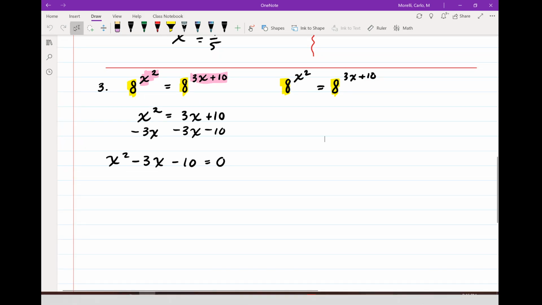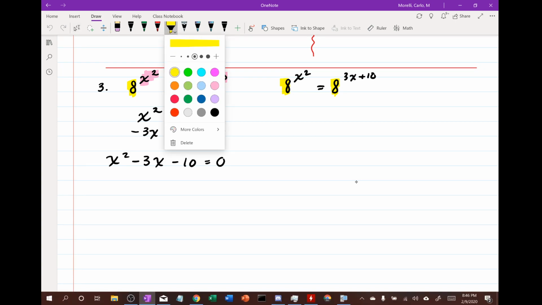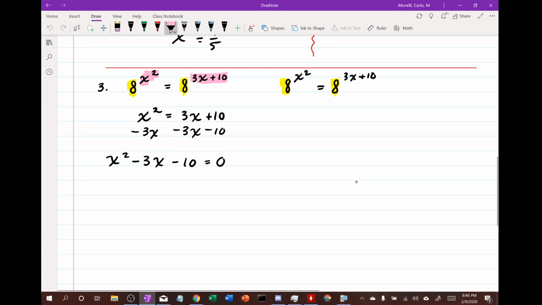It's actually best if you don't think about it too much. Just set these exponents equal to one another, and you have x squared equals 3x plus 10. Basically the 8s just go away. The exponents come down, and the 8s cancel each other out. I'll explain why that happens later.